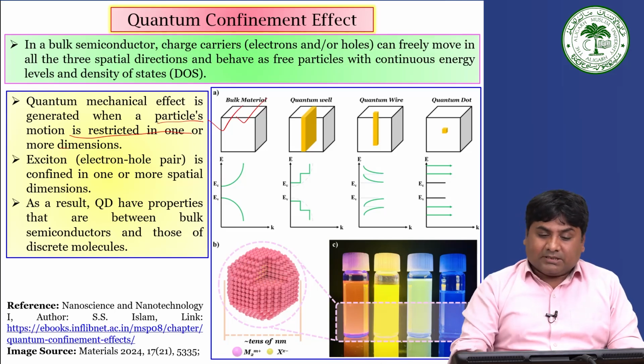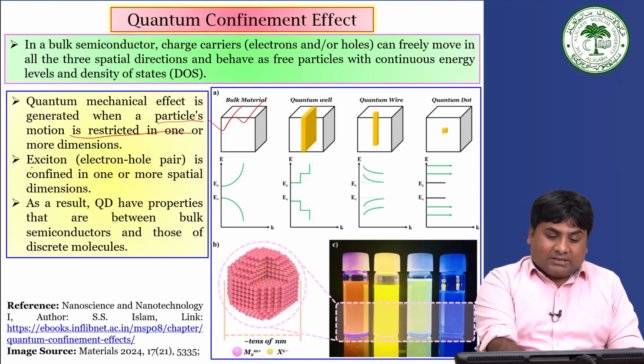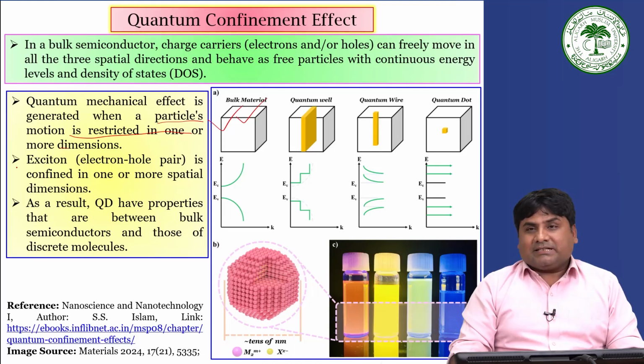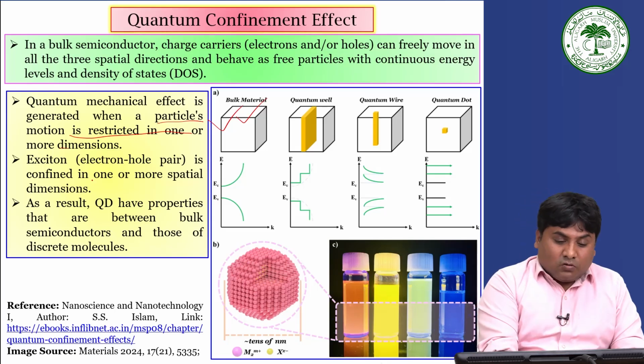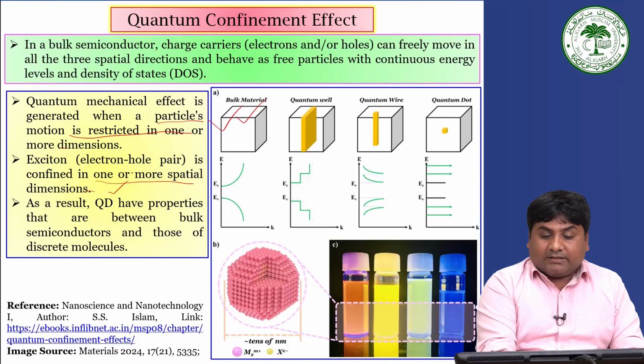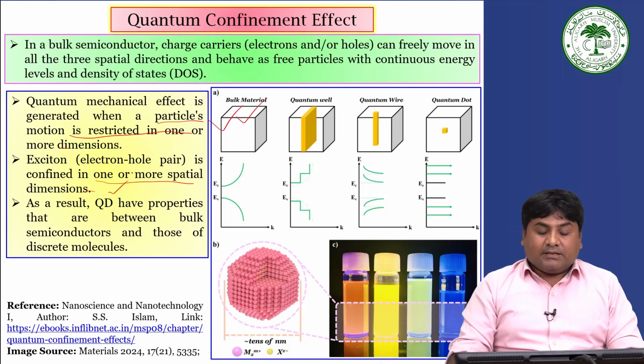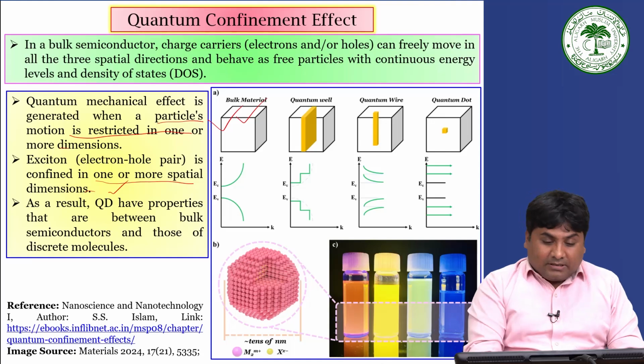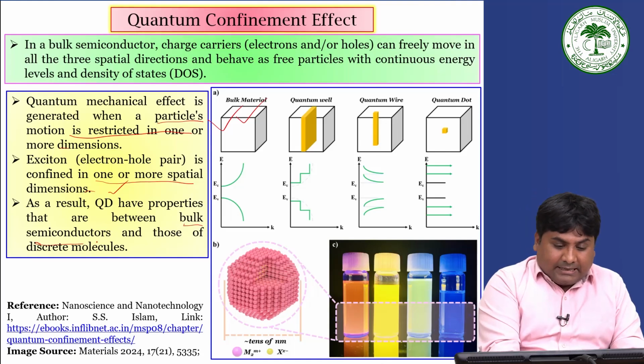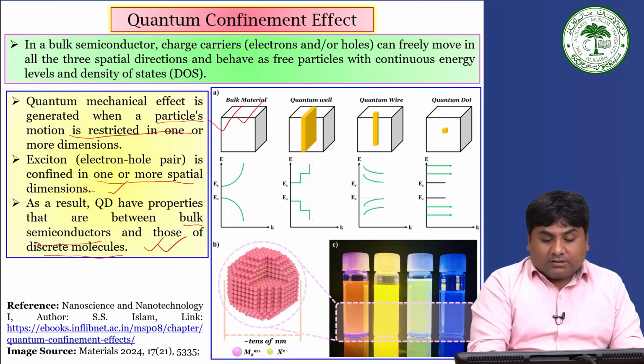If you can restrict the motion of the electron in any one or more dimensions, then you will get the quantum confinement effect. In other words, the excitation, which I already told in the previous lecture means an electron and hole pair, is confined in one or more spatial dimensions, and then you also get the quantum confinement effect. Because of that, QDs have properties that are between bulk semiconductor and discrete molecules.